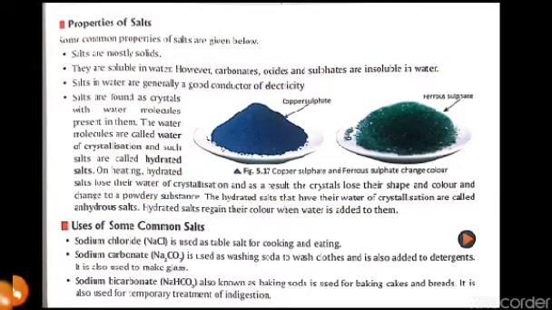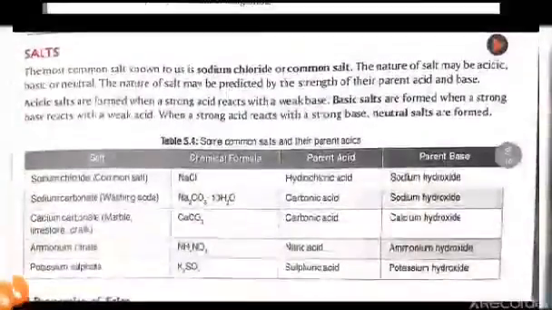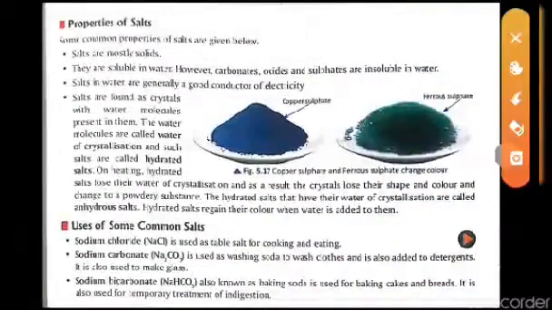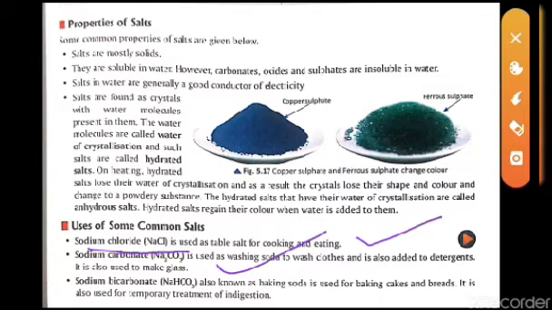Now let's see what the common uses of salts are. NaCl is used as table salt for cooking and eating, what we use in our home. Sodium carbonate is used as washing soda for clothes and in detergent, like Surf or Nirma.